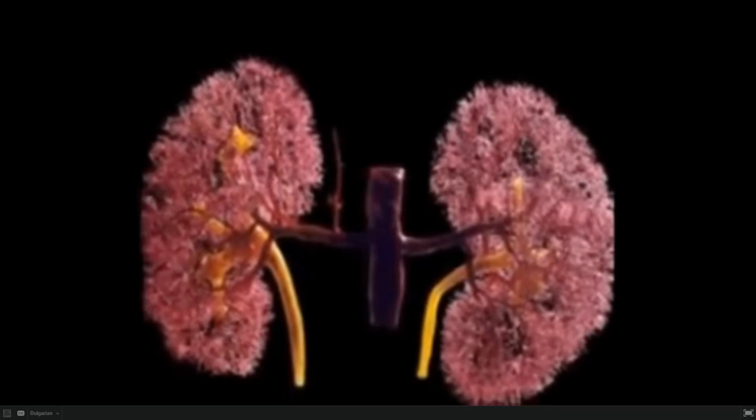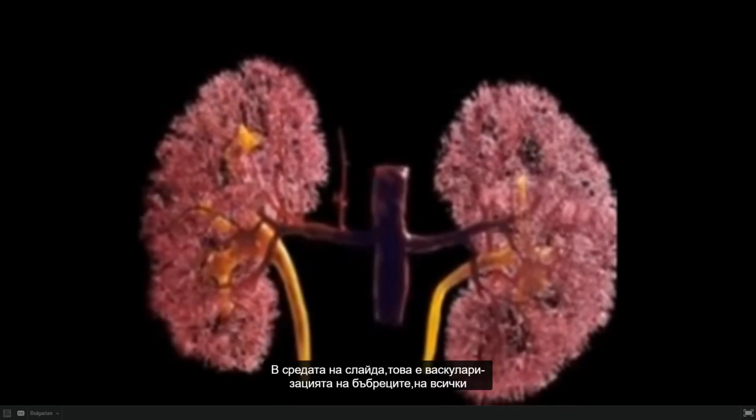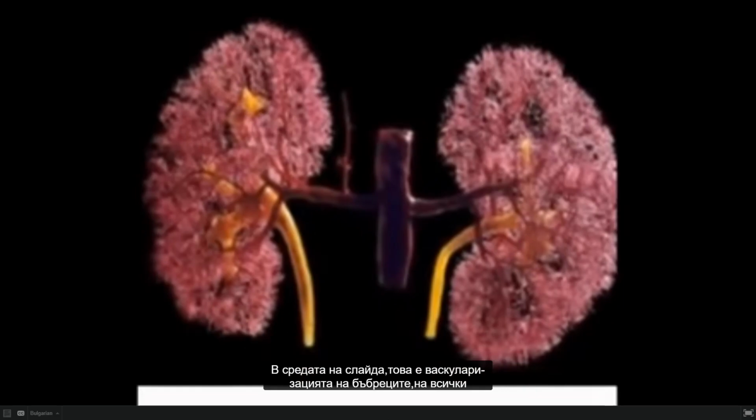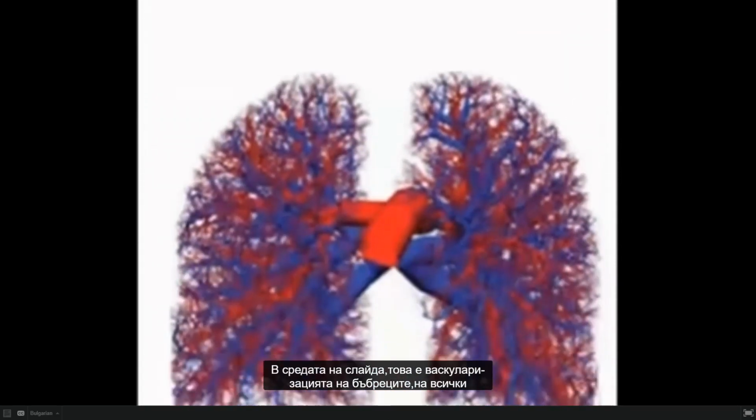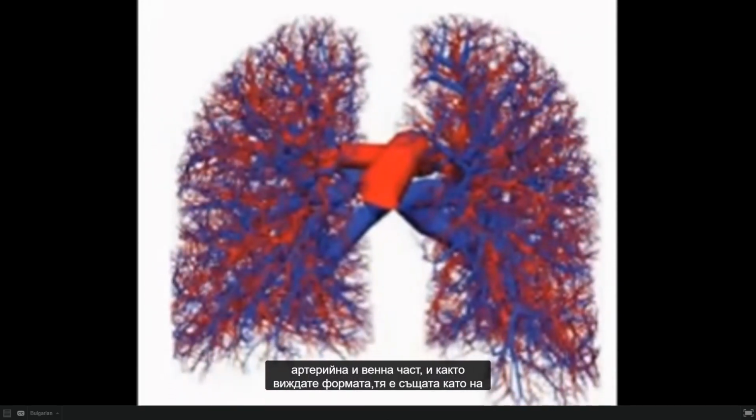In the middle of the slide is the vascularization of the kidney, all artery and vein parts, and as you see the shape, this is the same as our lungs.